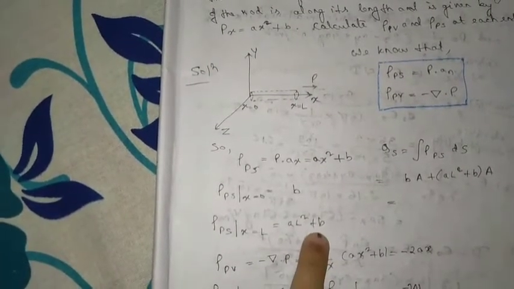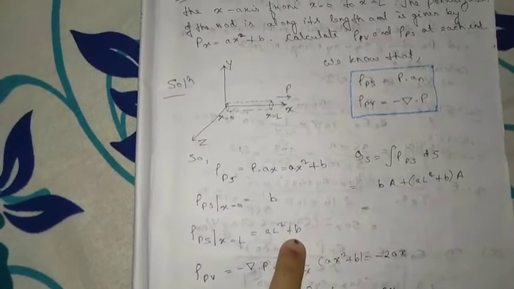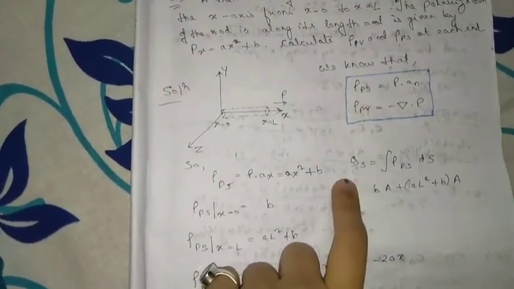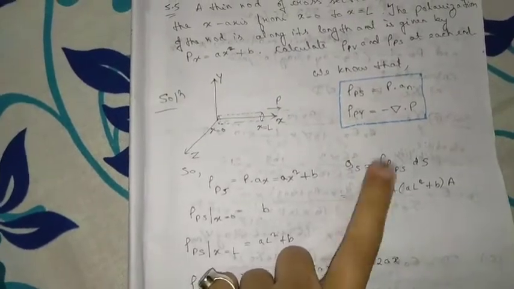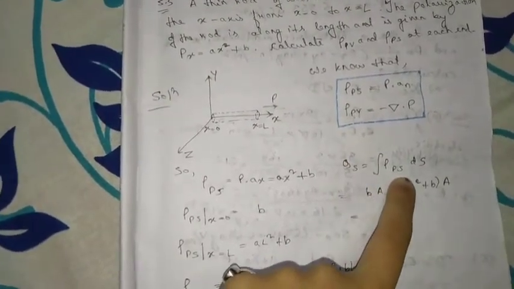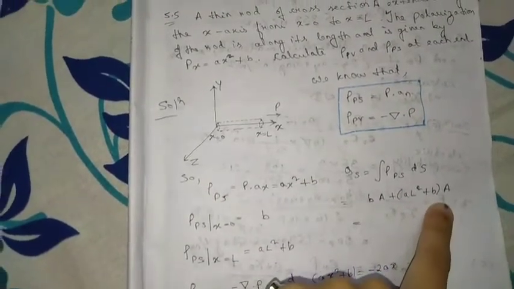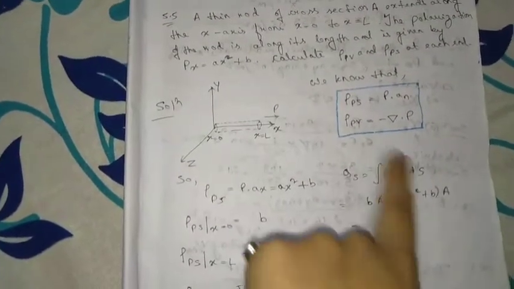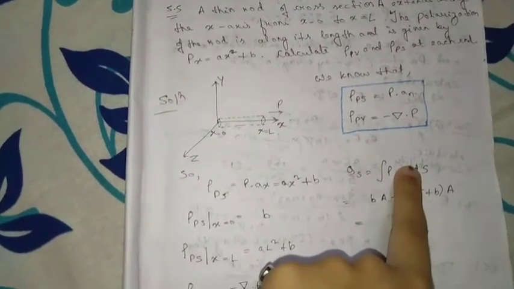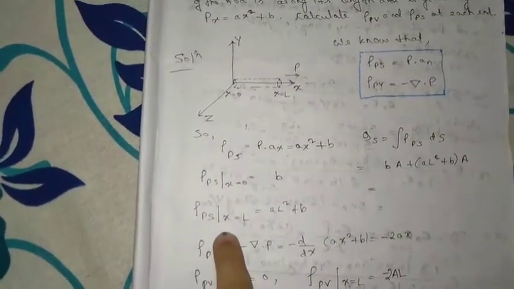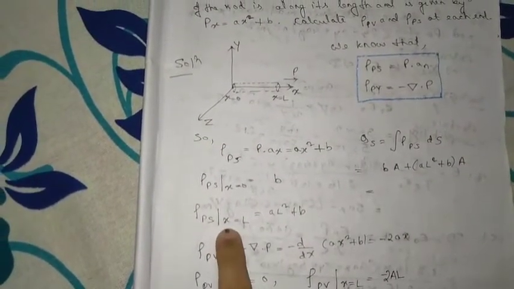If you want to calculate q, that is the surface charge, then we have to integrate this bound surface charge density, and we will get BA. But this part is not asked in the question, so only this part is necessary. So we got the bound surface charge density.